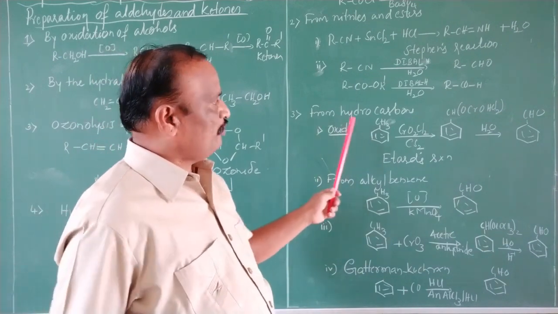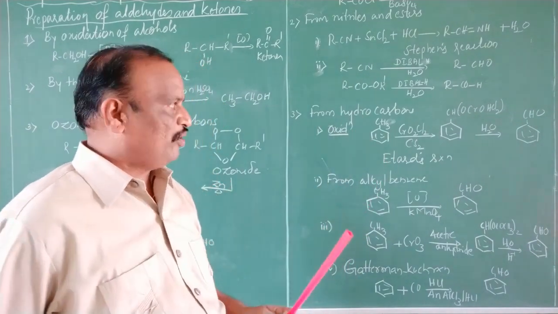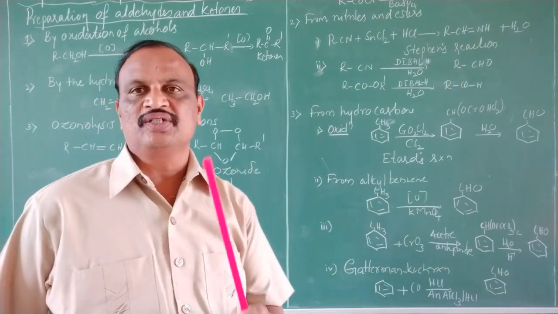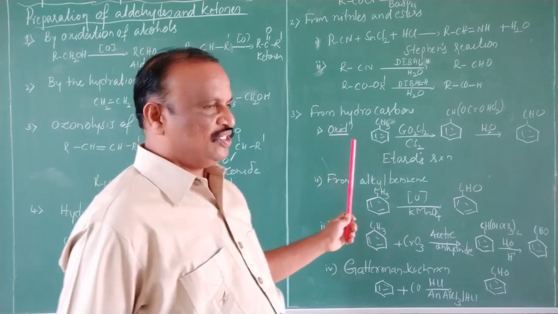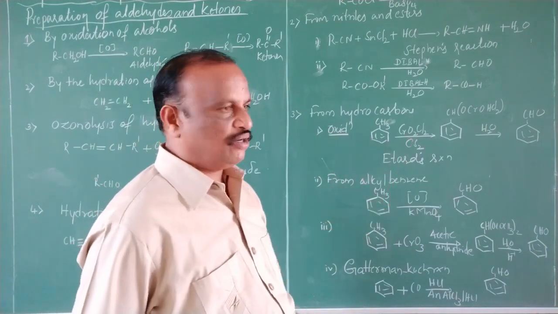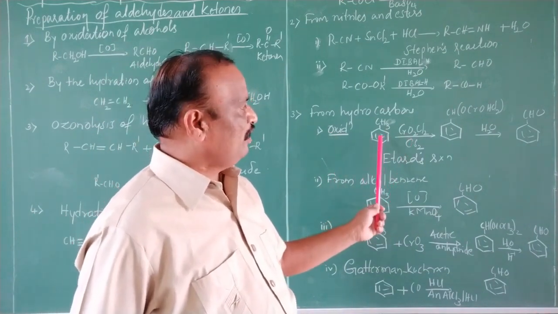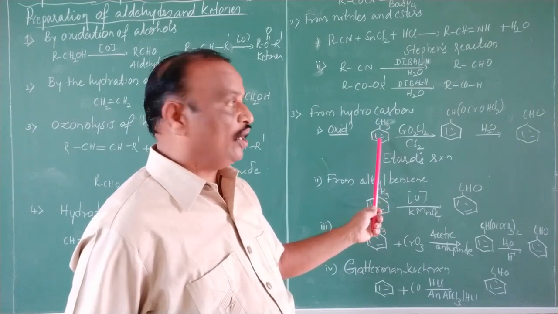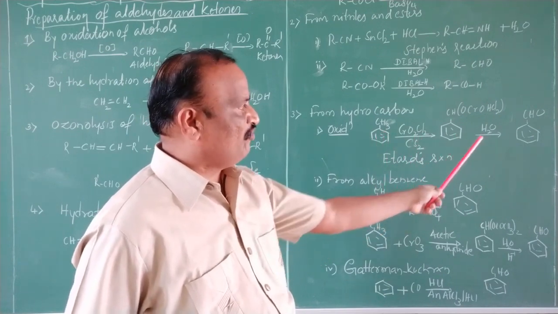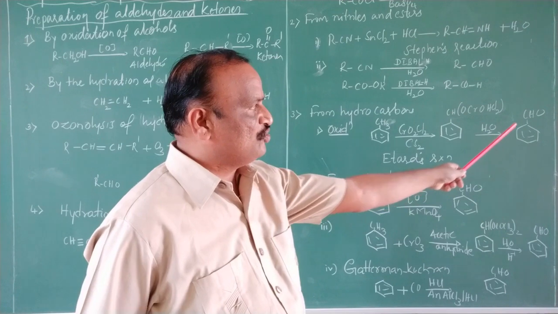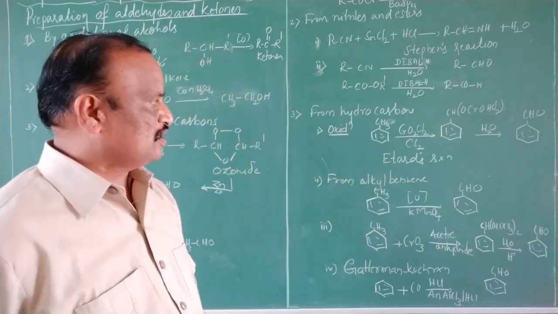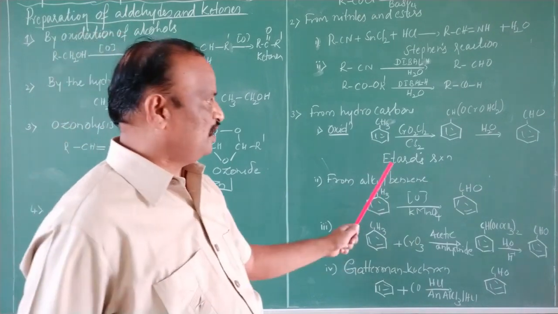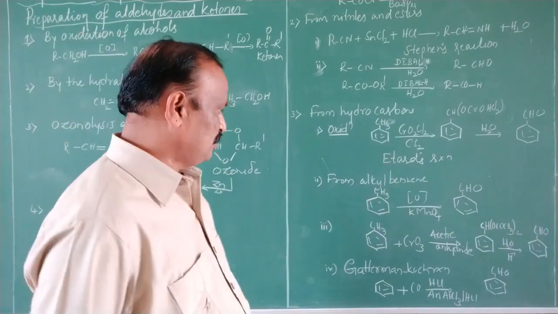Another method is from hydrocarbons. This is a very important method to prepare aromatic aldehydes especially. The first one is oxidation with chromyl chloride. When toluene is treated with chromyl chloride followed by hydrolysis, you will be getting benzaldehyde. This is known as the Etard reaction.